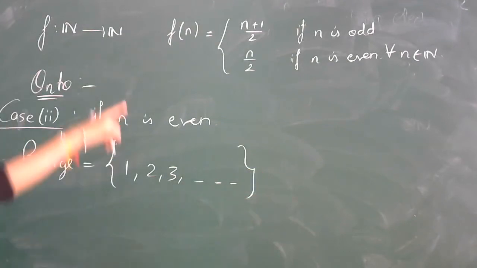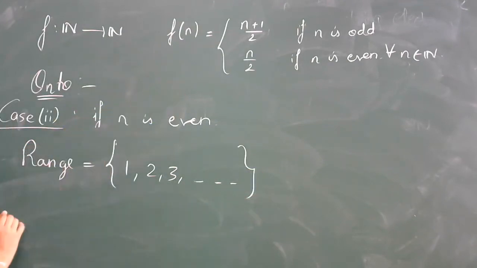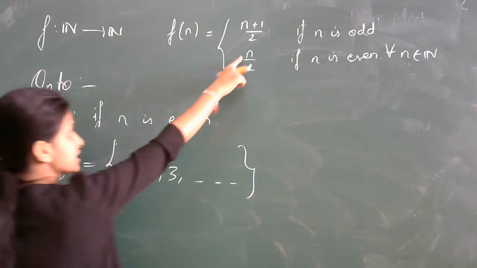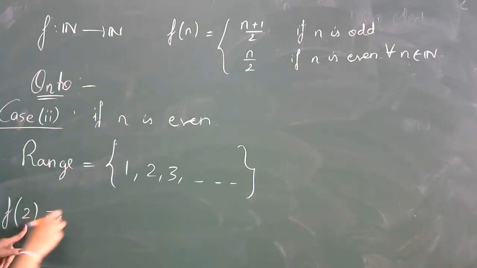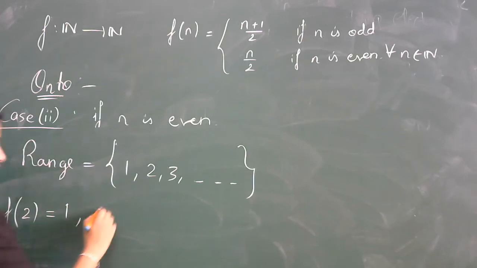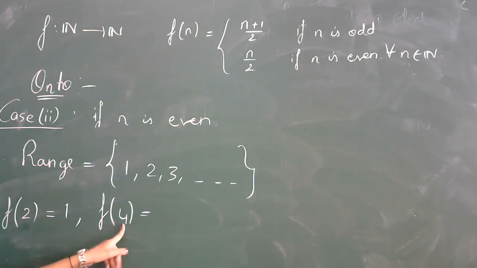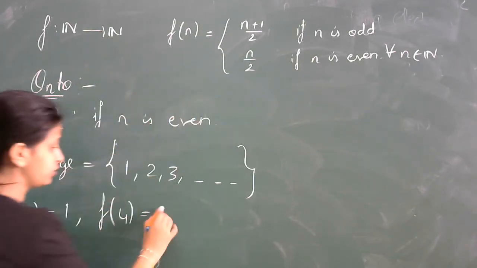See here. Now if I take even natural numbers, what will be the first even natural number? It is 2. So what will be my f of 2 equal to? Since it is even, it is defined as n by 2. So f of 2 will be equal to 2 by 2, that is equal to 1. Let us take the next even natural number, f of 4. F of 4 will be equal to 4 by 2, that is equal to 2.